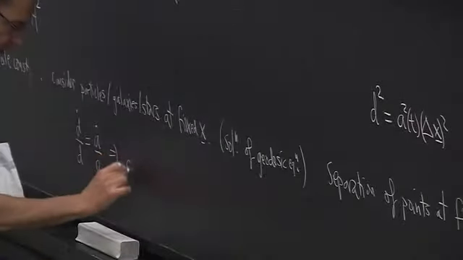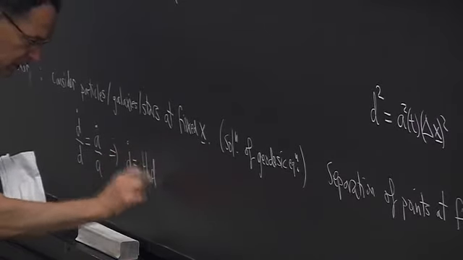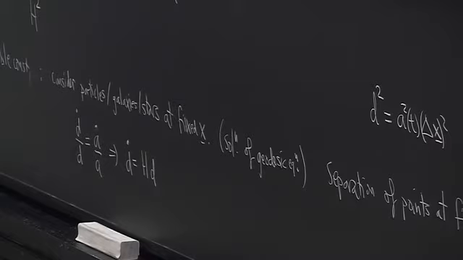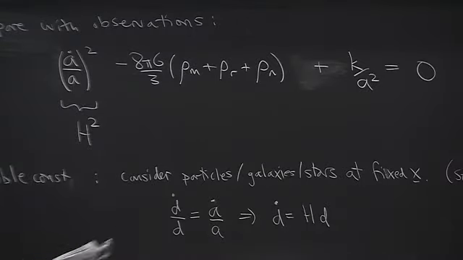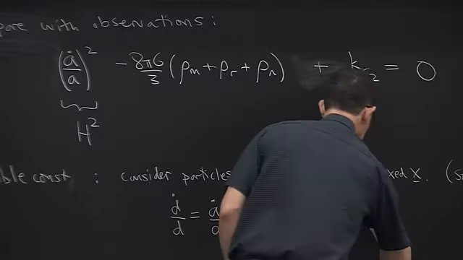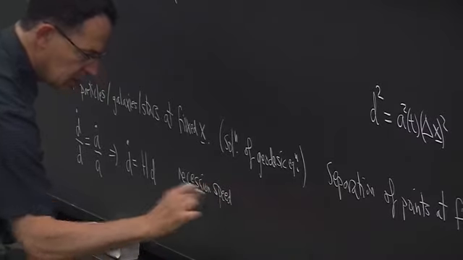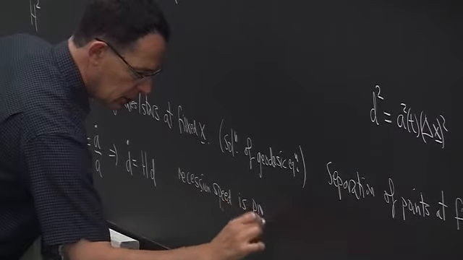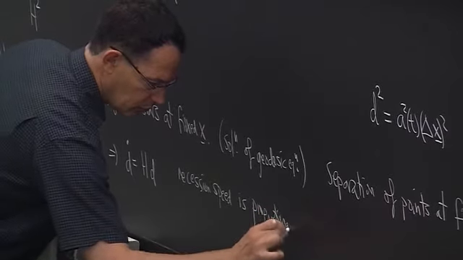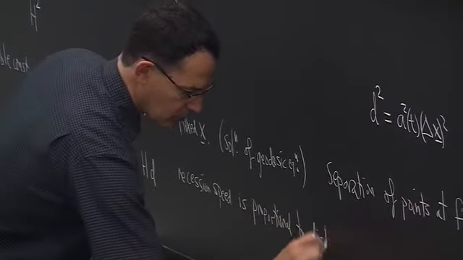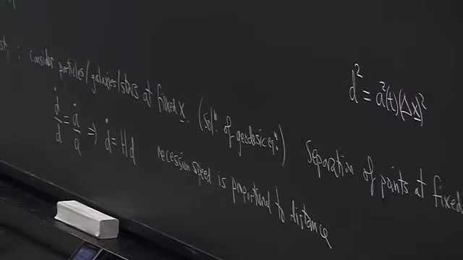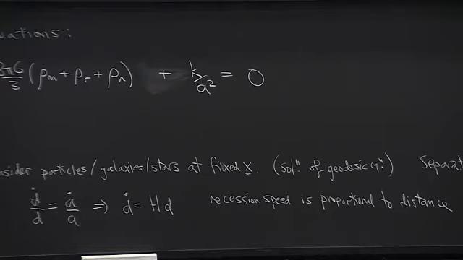And so that tells you that d dot equals the Hubble constant times d. And so that says that the recession speed is proportional to distance. So if all of space is expanding, then the further away an object is, the faster it's moving away from you. And this, of course, is Hubble's law.